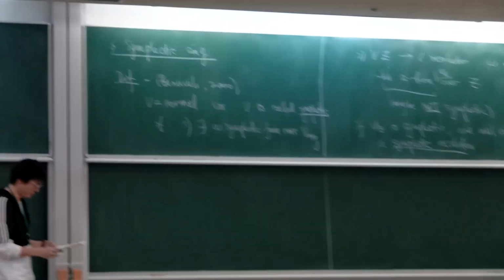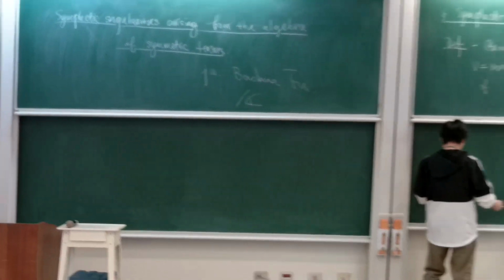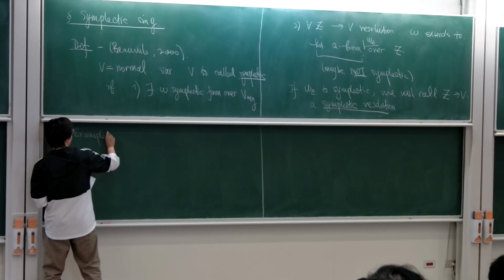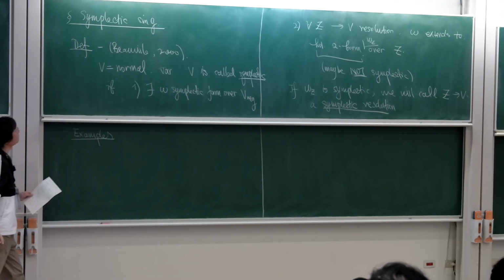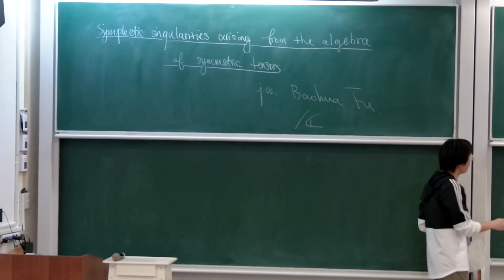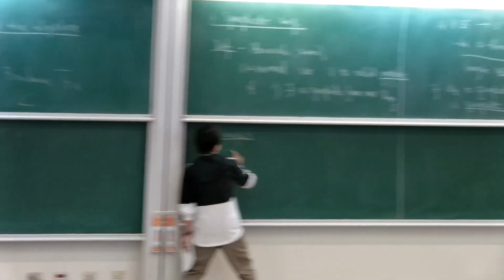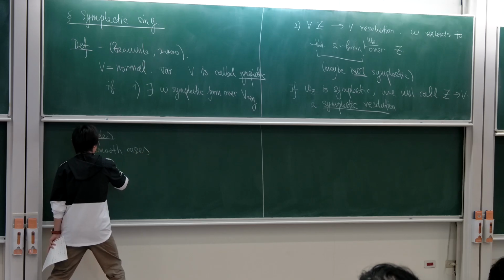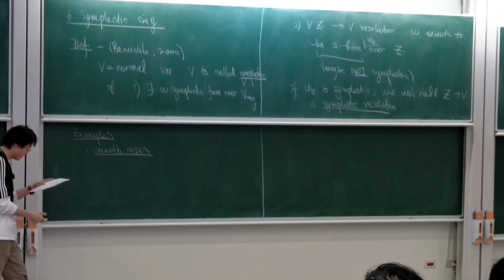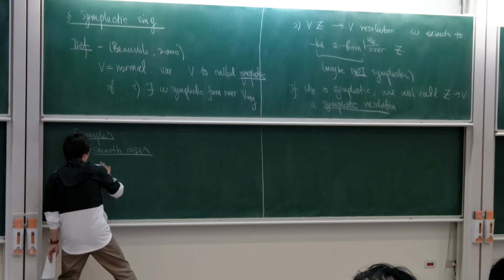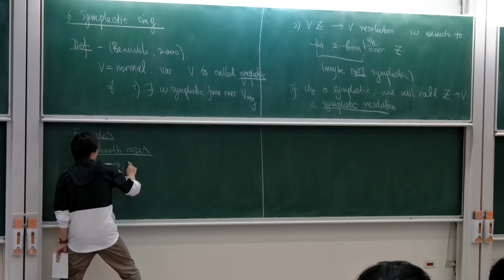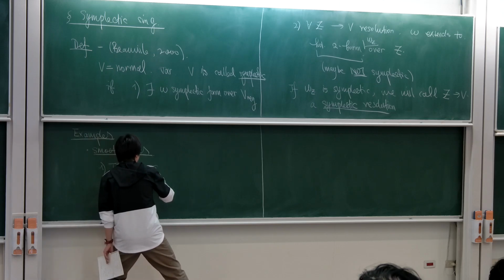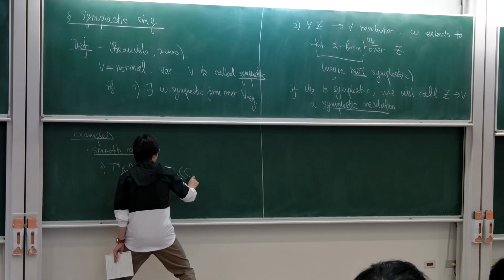So let me just introduce some very basic examples. First of all, we look at the case where V is smooth. The first example I want to talk about is the cotangent bundle of the affine space C^n. This can be identified with the product C^n times the dual of C^n.